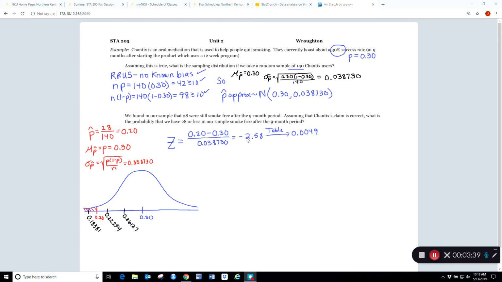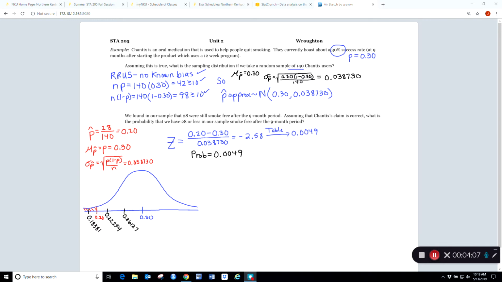Taking that value to my table, I should have found 0.0049 from my z-table. As we already mentioned, since my picture is shaded left, that value is my probability as well. I don't have to do anything to this value since we were shaded left. So my probability is 0.0049.